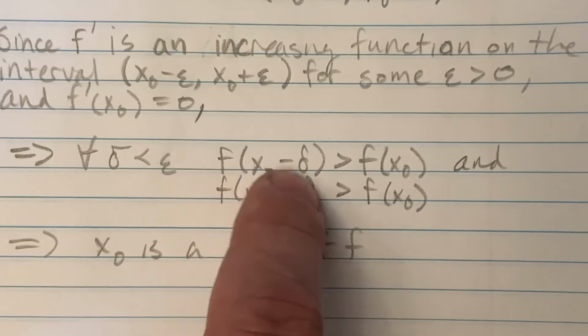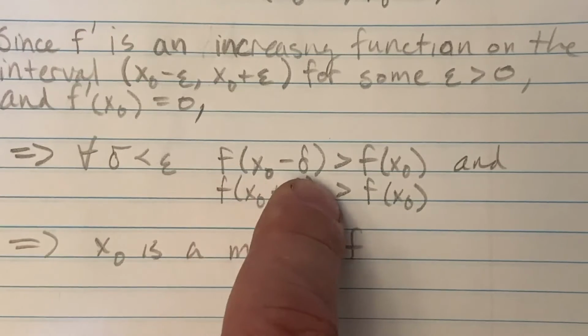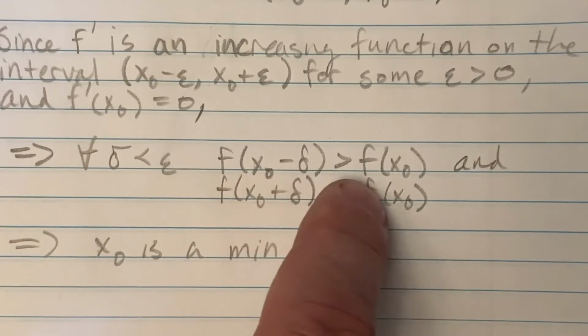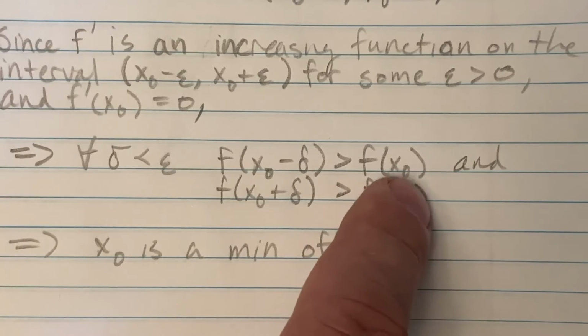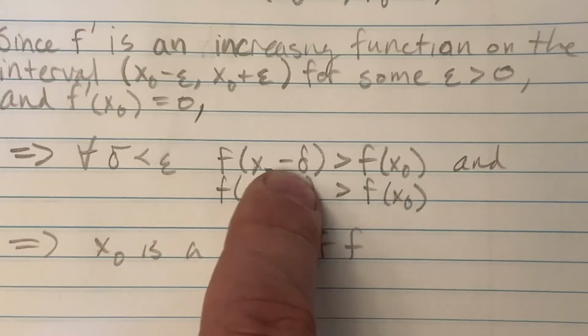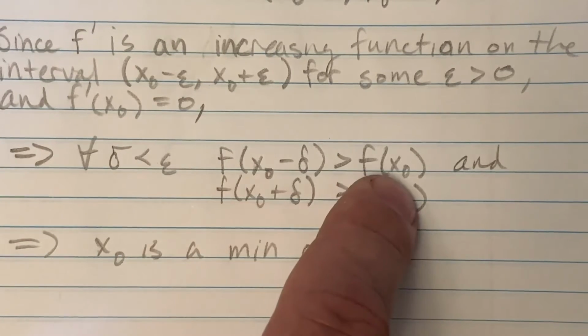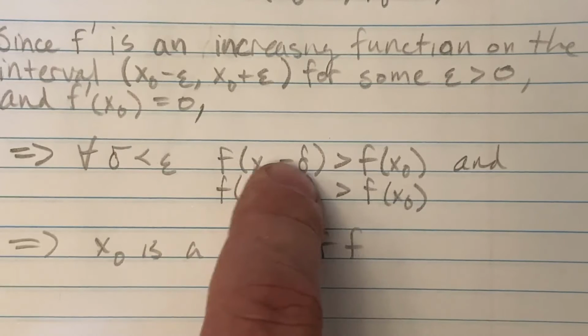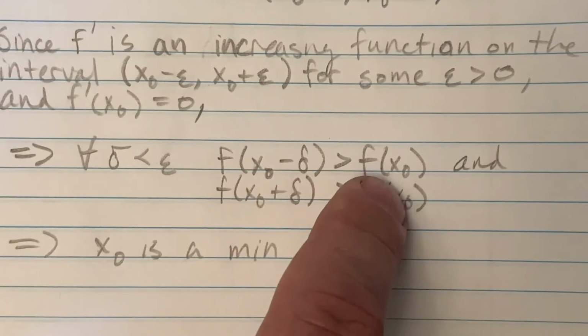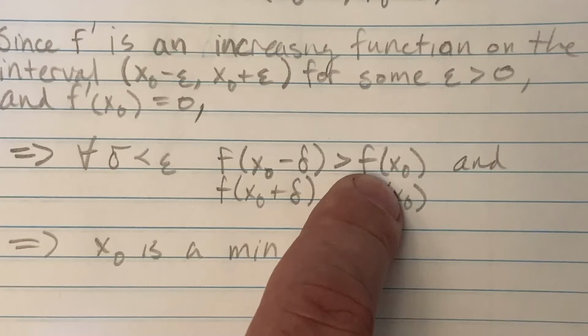So in other words, any number to the left of x naught, smaller than x naught, that's in this interval, is going to be bigger than this, right?